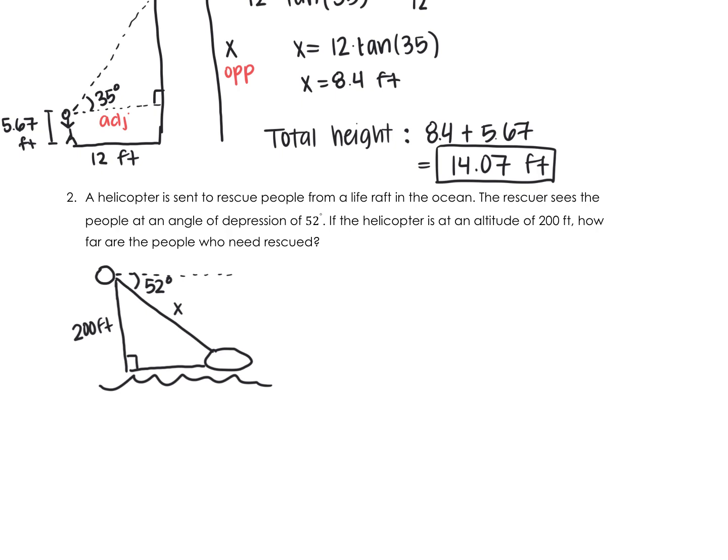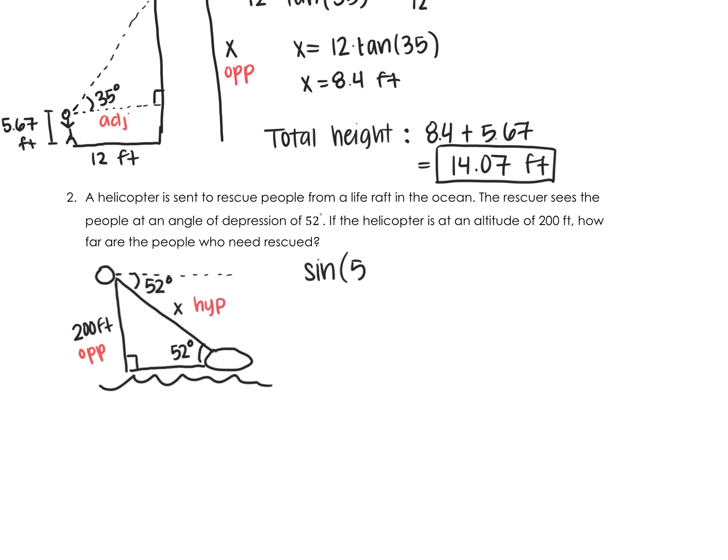So my angle of depression from the helicopter to the life raft is the same as the angle of elevation from the life raft to the helicopter. So now when I label my sides, my opposite side is the altitude and my hypotenuse is the distance that we're solving for. So opposite and hypotenuse is sine.